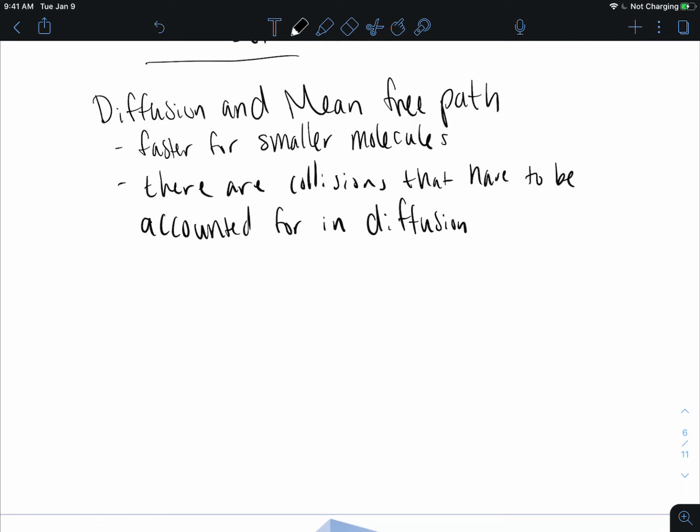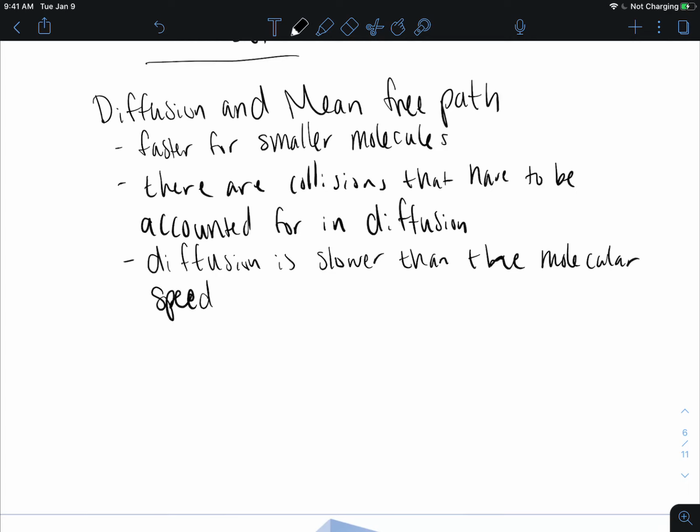So diffusion will be slower than the molecular speed of a gas because of these collisions. And anytime that a molecule collides, it's going to go in another direction.